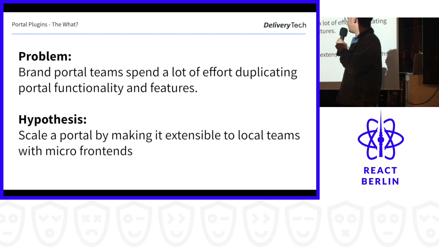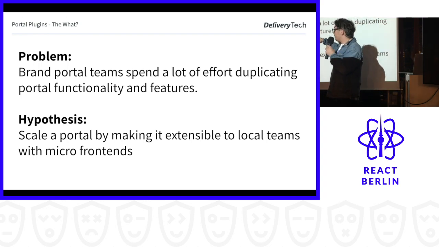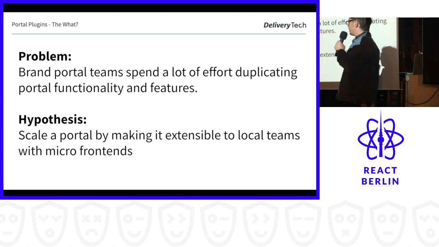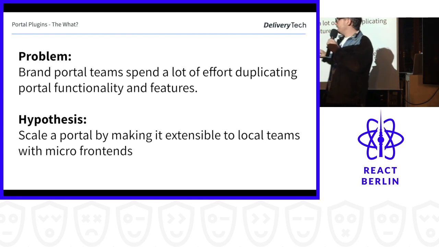There is a lot of overlap: everyone needs opening times, everyone needs statistics and a dashboard, etc. So we could solve this by having one portal and scale it by letting the separate teams that operate worldwide contribute to it.